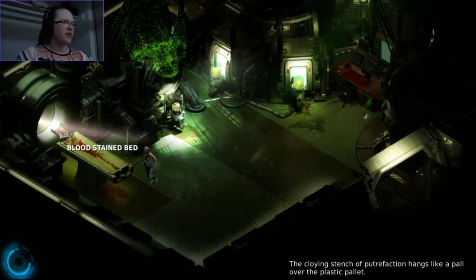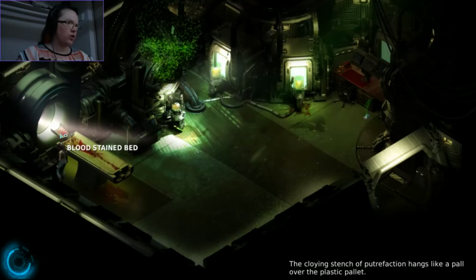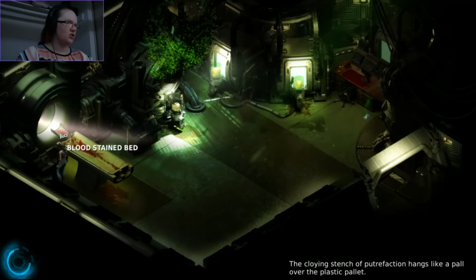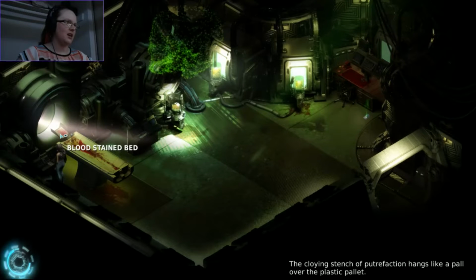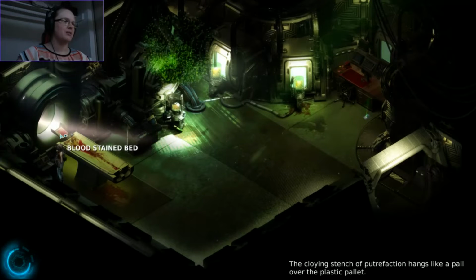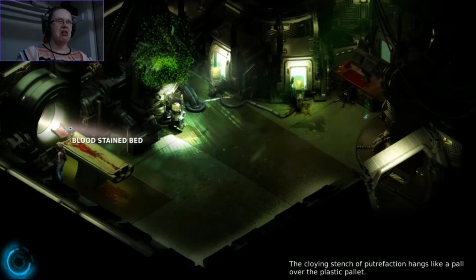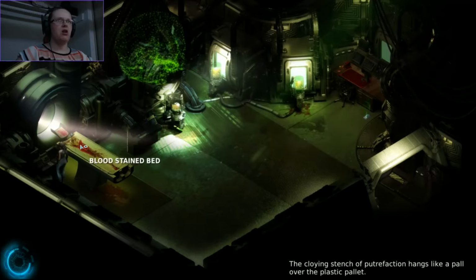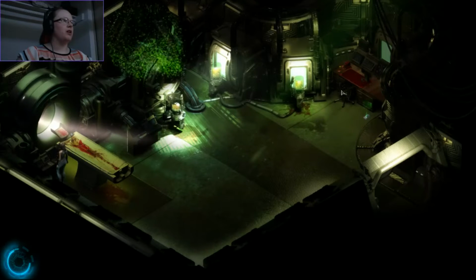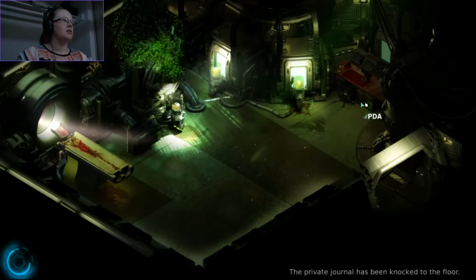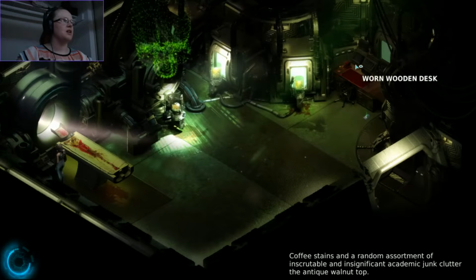Bloodstained bed. The cloying stench of putrefaction hangs like a pall over the plastic pallet. Oh, because they removed their brain. Okay. Well, there's a PDA.